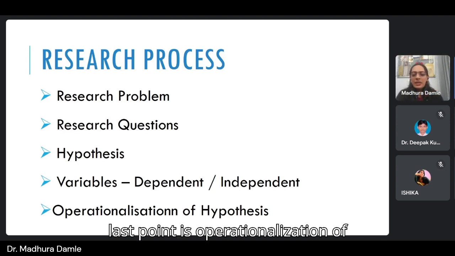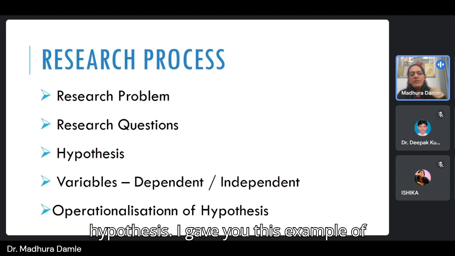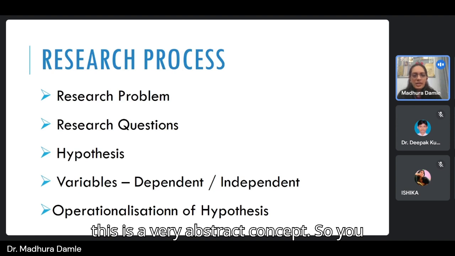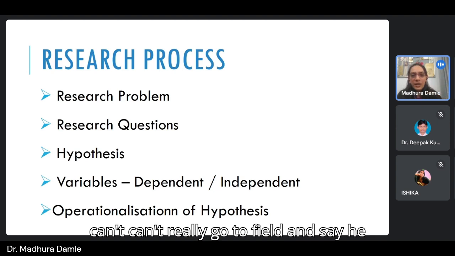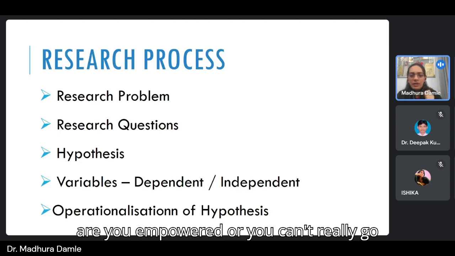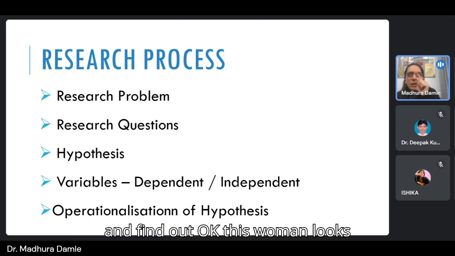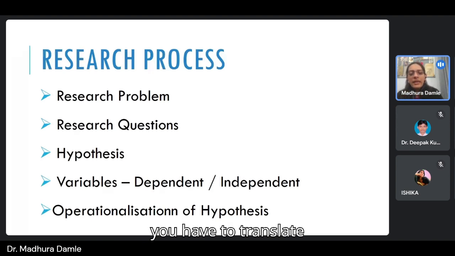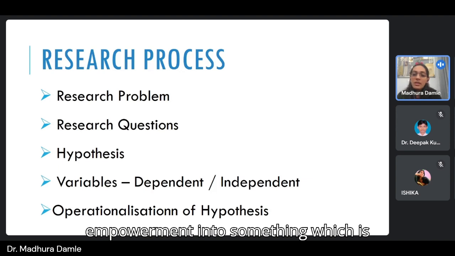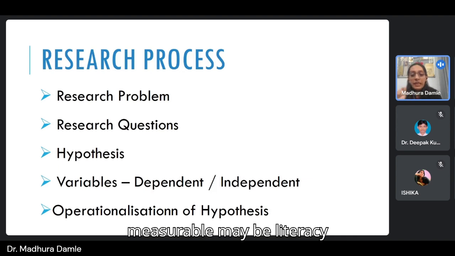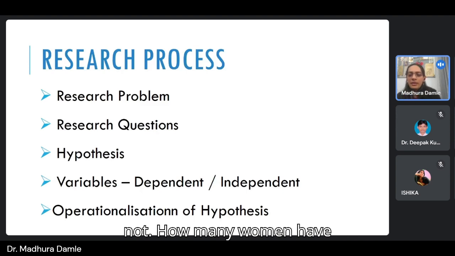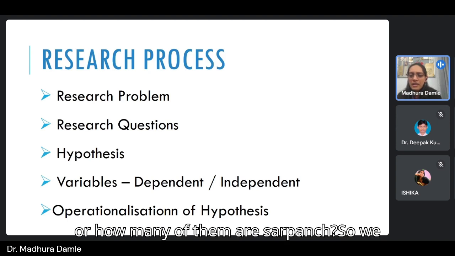So, the last point is operationalization of hypothesis. I gave you this example of empowerment, and as I said, this is a very abstract concept. So you can't really go to the field and ask, are you empowered, or find out, okay, this woman looks empowered. You can't do that, right? So you have to translate empowerment into something which is measurable, maybe literacy level, maybe whether a woman works or not, how many women have decision making power in the family, or how many of them are sarpanch.